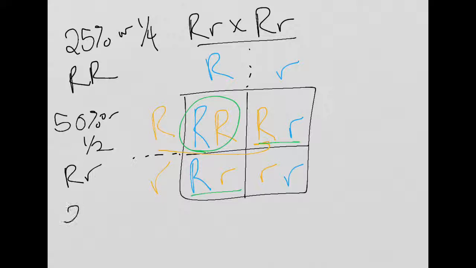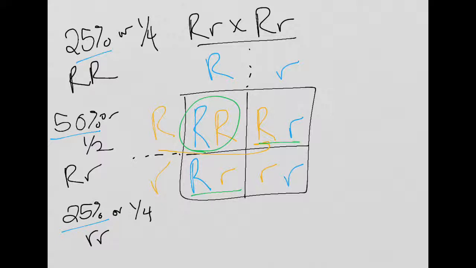And then another 25%, or 1/4, of my offspring will be homozygous recessive. So I have a lot of traits here. But if I'm looking at this, I know that I'm doing it right because all of my percentages add up to 100. So I know I got everybody.